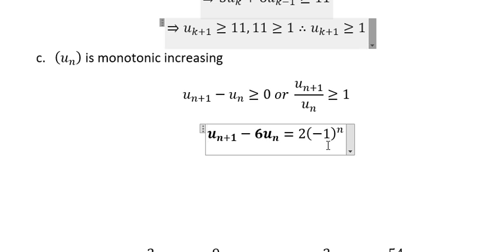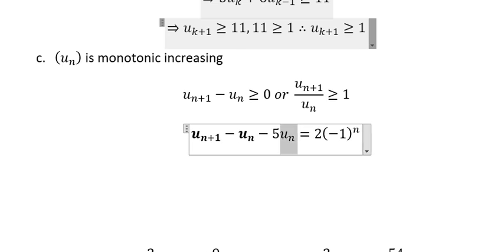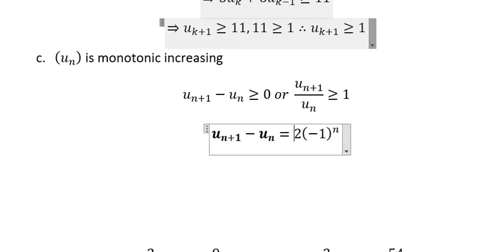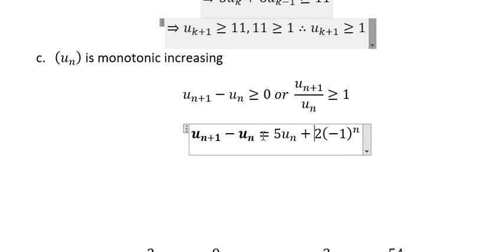Let me see if we could extract a u_n from here. We'll be left with minus 5u_n, which goes to the right hand side to become 5u_n plus this. So that if I subtract back the 5u_n, I'll have minus 6u_n. So all we are left to do now is to verify if this part is positive.